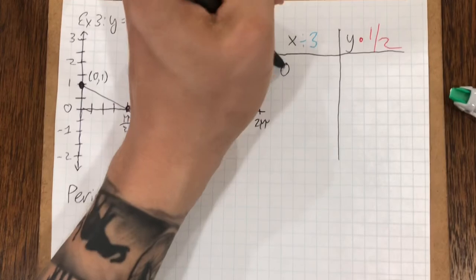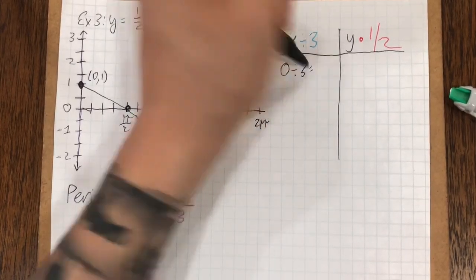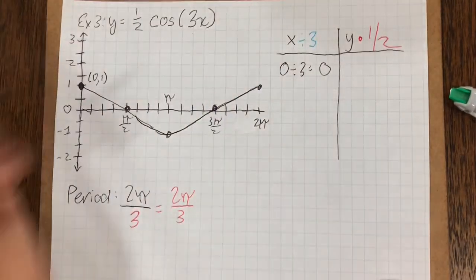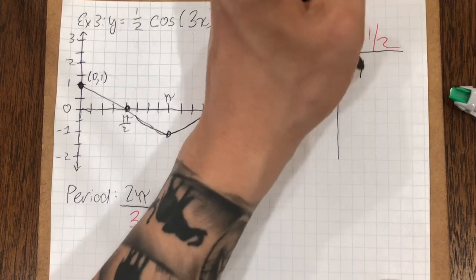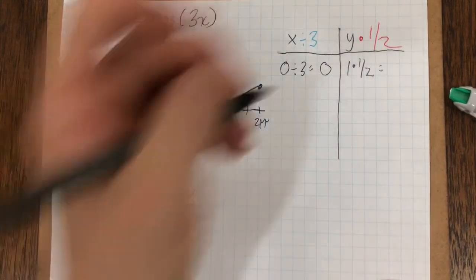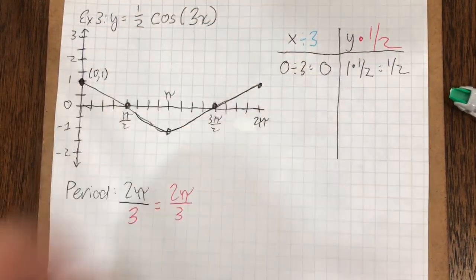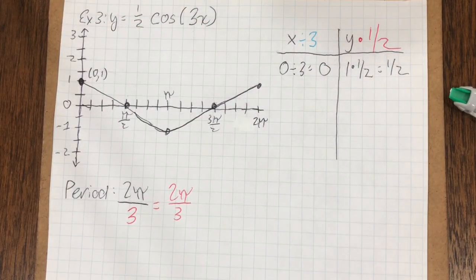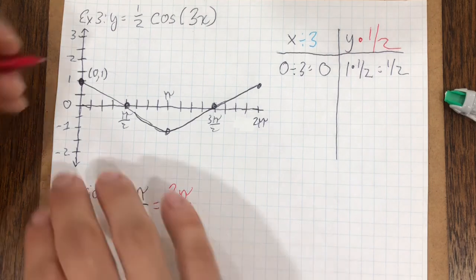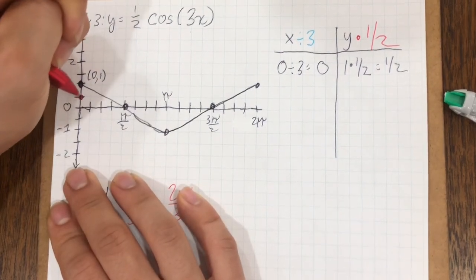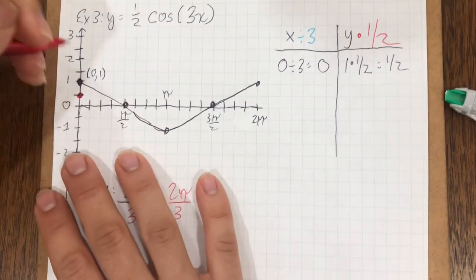So I have 0 divided by 3. I still get a 0. Then I have 1 times a half. I still end up with a half. It now becomes a half. All right, so I have 0, half. All right, so that's my new point.